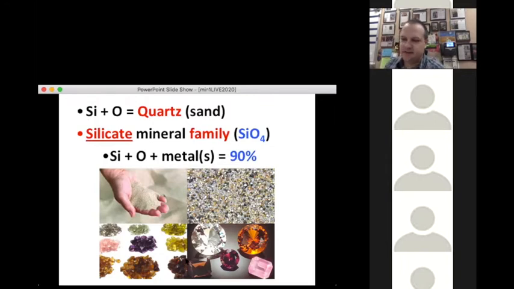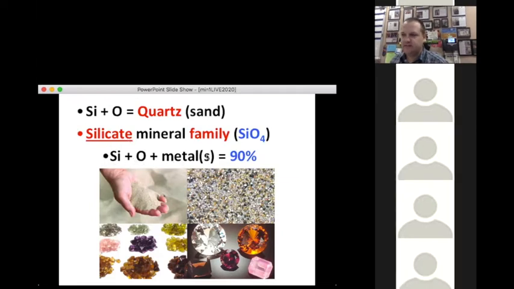Now, how do we get all these pretty colors if it's just sand? Well, because the silicates are silicone plus oxygen plus something else. If we add in a little bit of cobalt, which is an element, then we get blue.